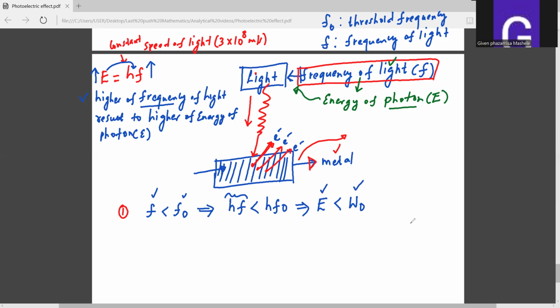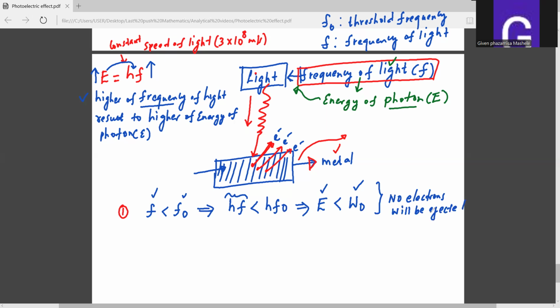I believe you're following. Which means that when the frequency of this light is less than what is needed by the work function, no electrons will be ejected.